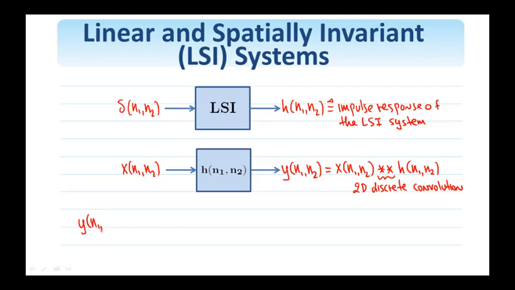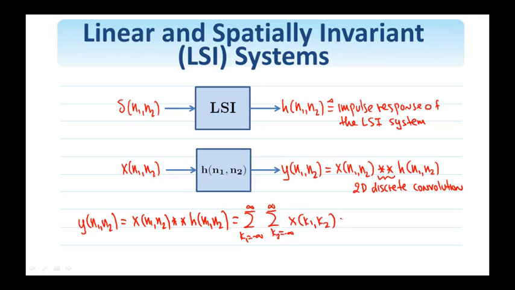The convolution of x with h, as we will show, is equal to this superposition sum: the sum over k1 from minus infinity to infinity, and k2 from minus infinity to infinity, of x[k1,k2] h[n1 minus k1, n2 minus k2].